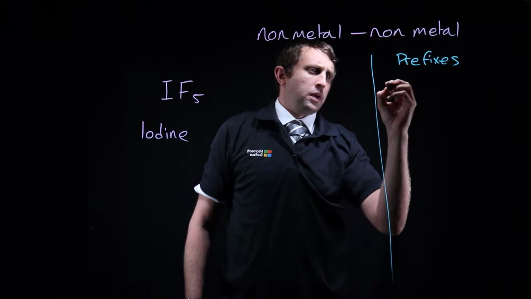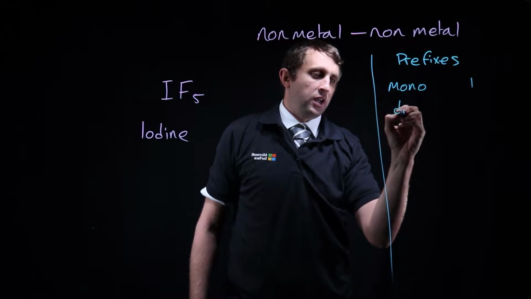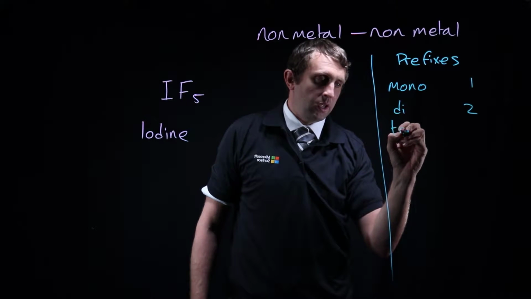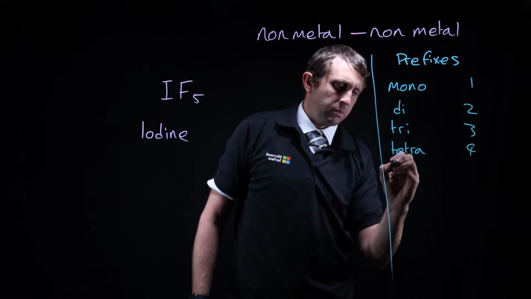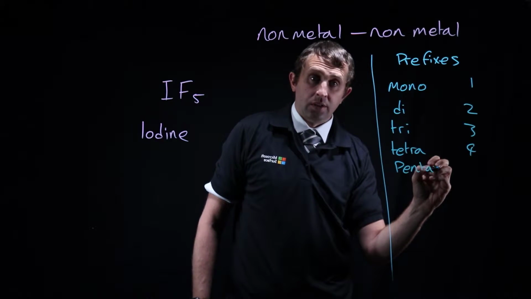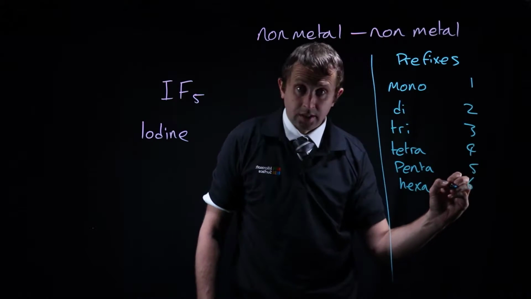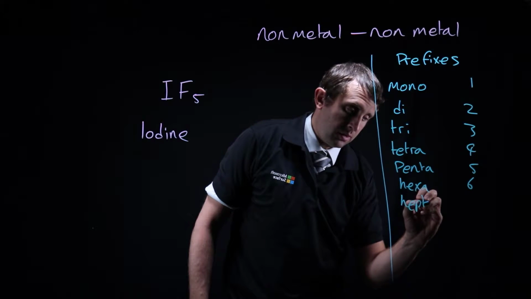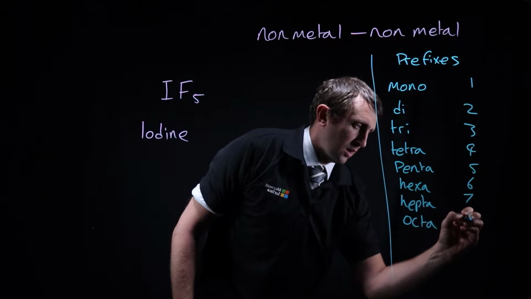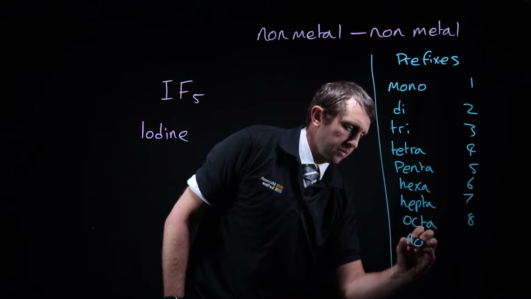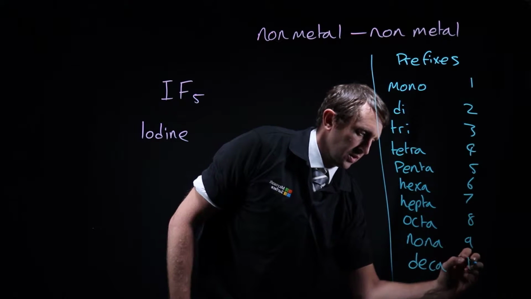Well, let's start at the top here. So we've got mono, which is 1, di, 2, tri, 3, tetra, 4, penta is 5, hexa, 6, hepta, 7, you get the point, octa, 8, nona is 9, and finally deca for 10.